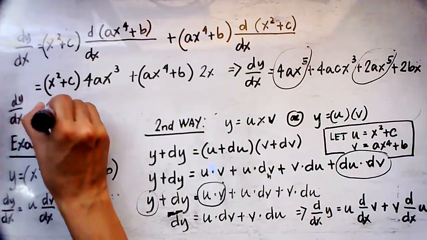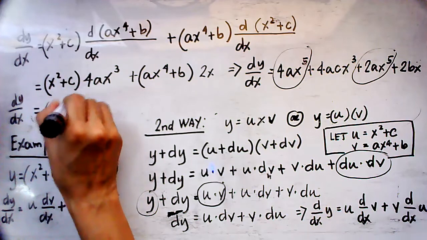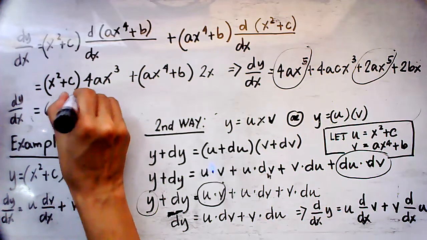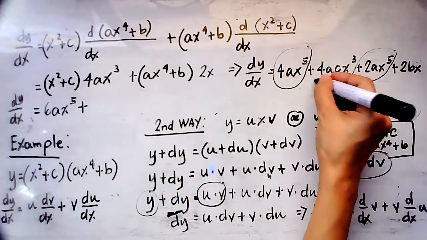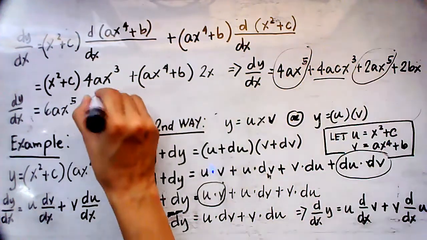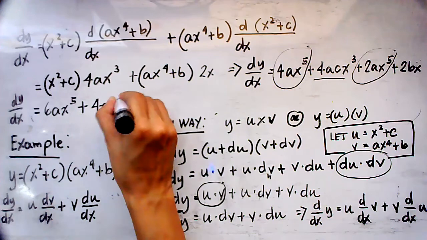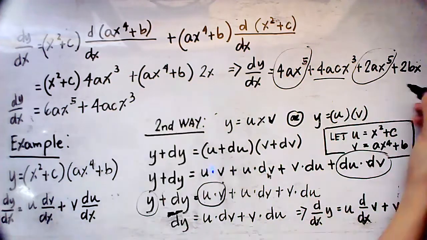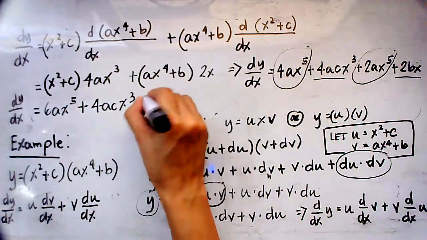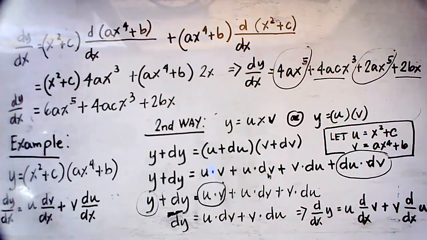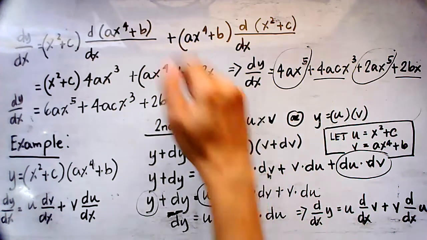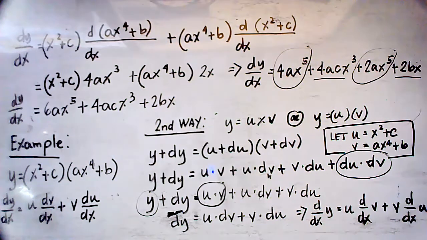So that is 6ax to the 5th power plus, of course, you have 4acx cubed plus you have 2bx, which is basically the same answer that we got from the first way.